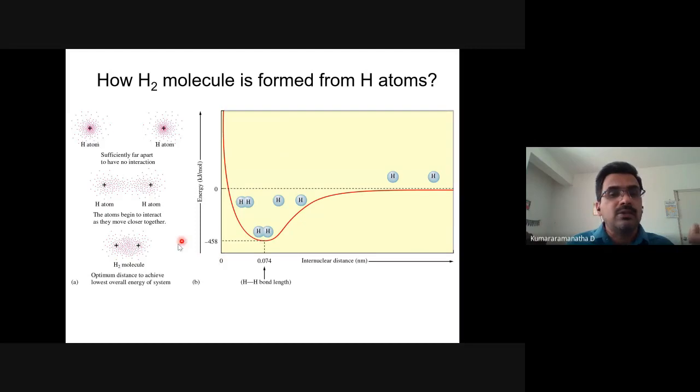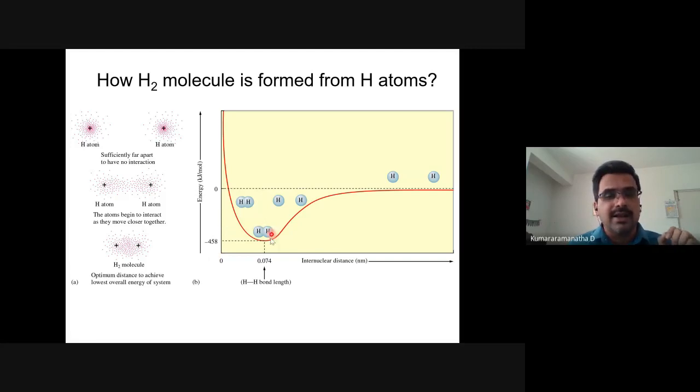At that point we have an energy of about minus 458 kilojoule per mole. We'll discuss enthalpy and entropy more in the thermodynamics chapter, but essentially you want to understand that energy is released on bond formation. When two hydrogen atoms interact together, a covalent bond is formed with the release of energy of about minus 448 kilojoule per mole.